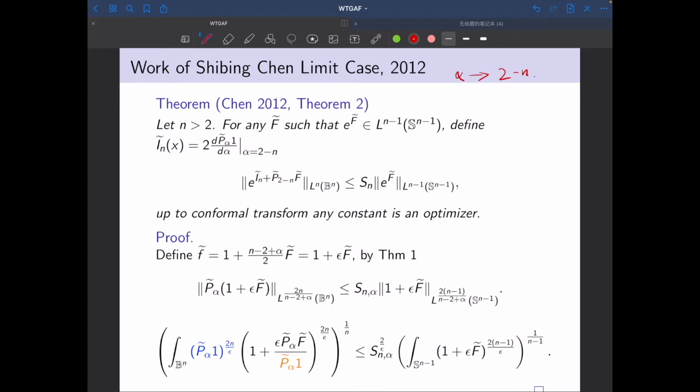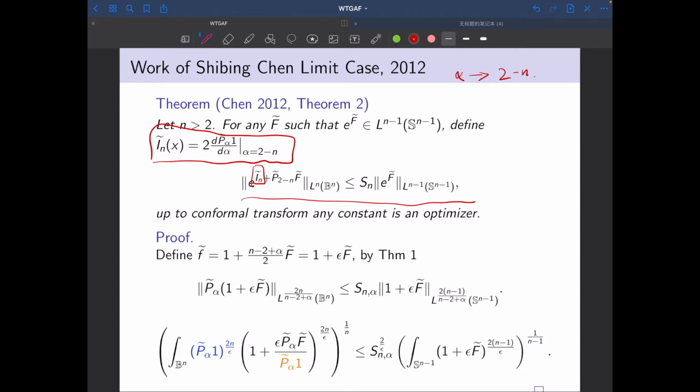He proved that after taking the limit of the previous inequality, you're going to get an inequality like this. And when he took the limit, function in theta shows up naturally, and its definition is over here.